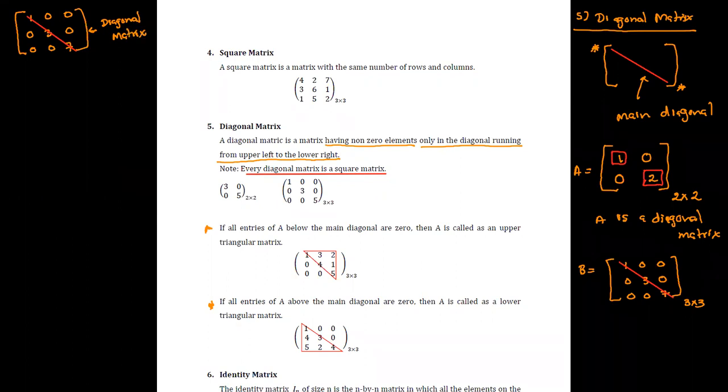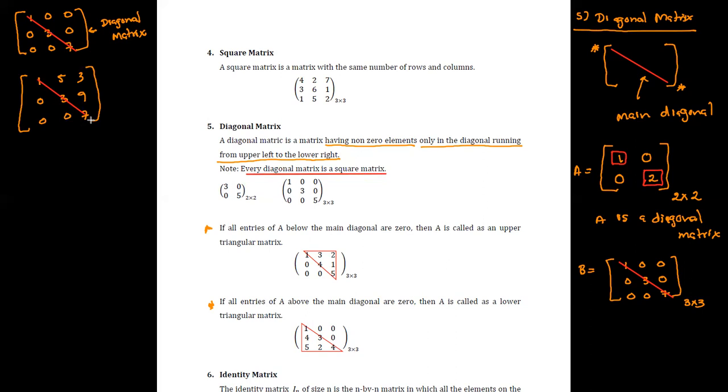Now you are having a matrix in this form: 1 5 3 0. If you see a matrix in this form, for all these cases we are discussing square matrices only. We are not going to define this for any rectangular array of numbers.